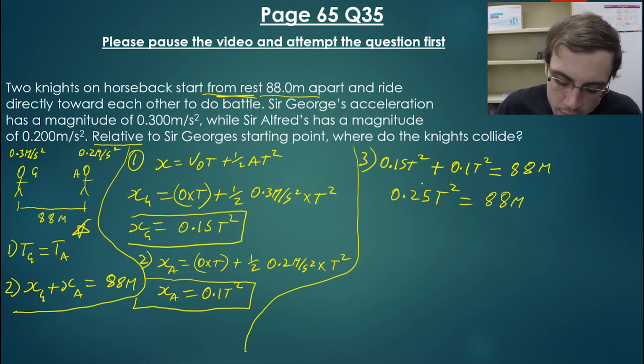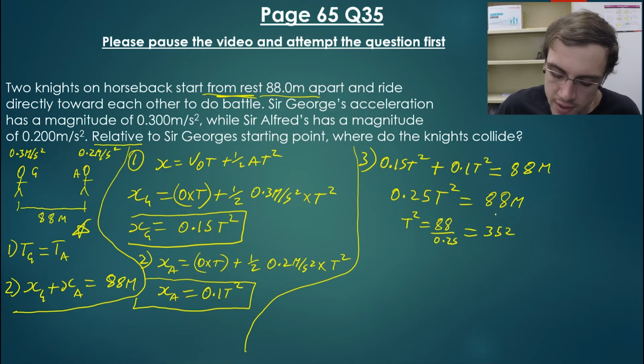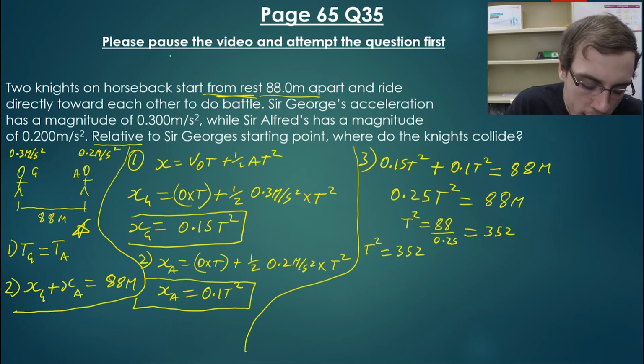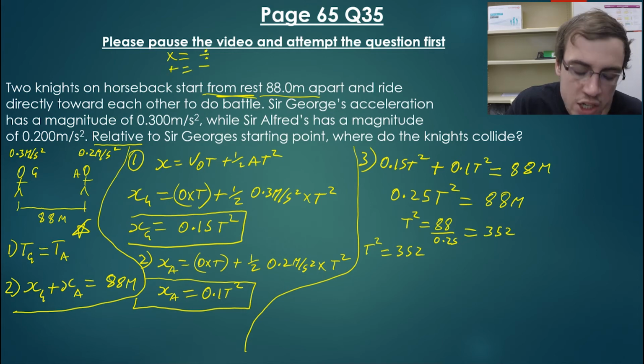So we see here we have a multiplication between the 0.25 and t squared. So t squared is equal to 88 divided by 0.25, which will give us 352. So we know that t squared is equal to 352. Now, as we've done throughout simplifying this whole time, the opposite to a multiply is a divide, and the opposite to an addition is a subtraction.